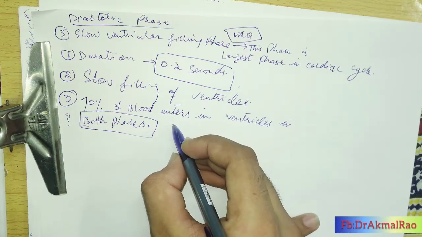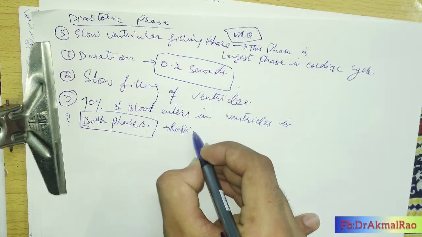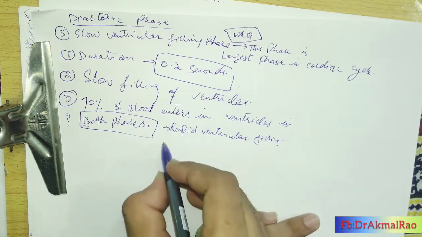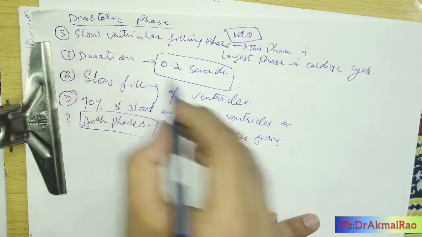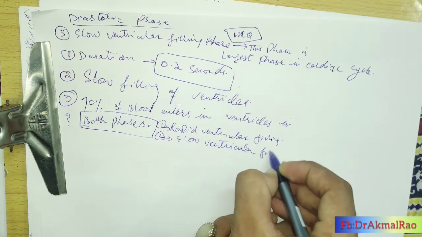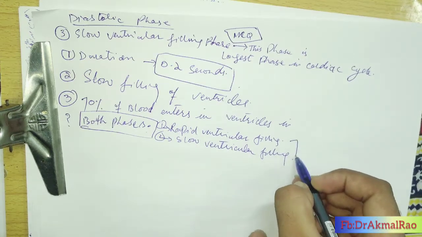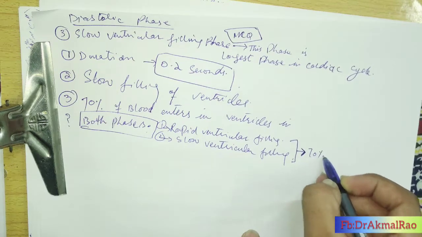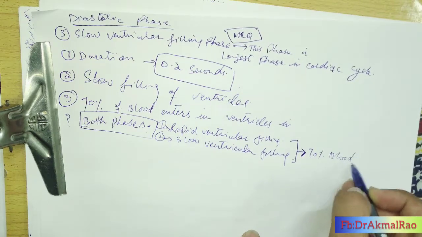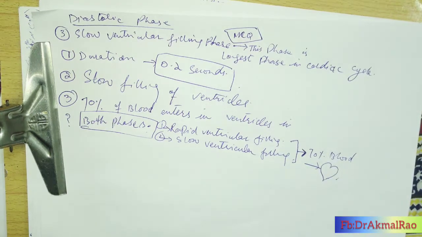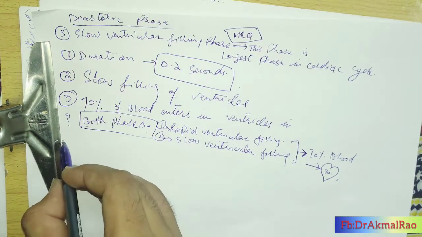The rapid ventricular filling phase and this slow ventricular filling phase. In these two phases combined, only 70% of blood enters into our heart. 70%.